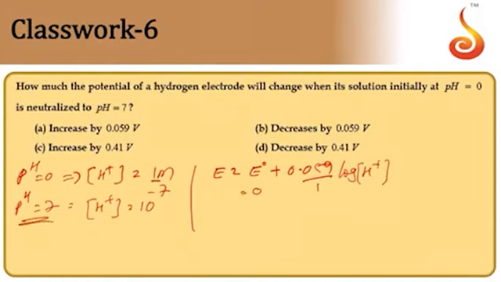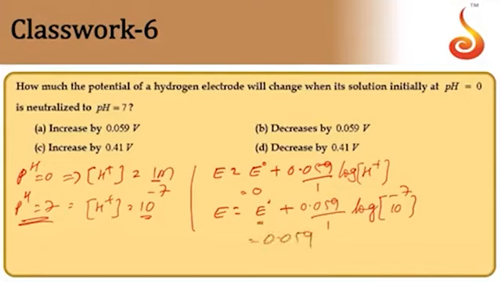Everything becomes 0, therefore this value is equal to 0. Now in the case of pH 7, E will be equal to E naught plus 0.059 by 1 into log of 10 to the power of minus 7. E naught will be 0 for the hydrogen electrode, so E is equal to 0.059 times log of 10 power minus 7, which is minus 7 log 10.